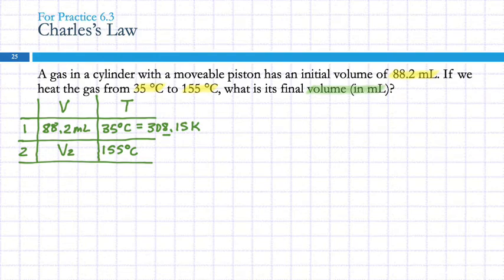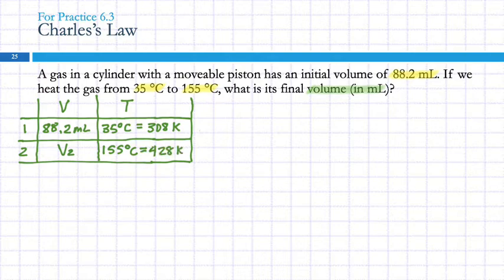We're just going to call that 308, which is rounding on an intermediate calculation, which you're not supposed to do, but the book does it. So, 155 plus 273.15, we're going to get 428.